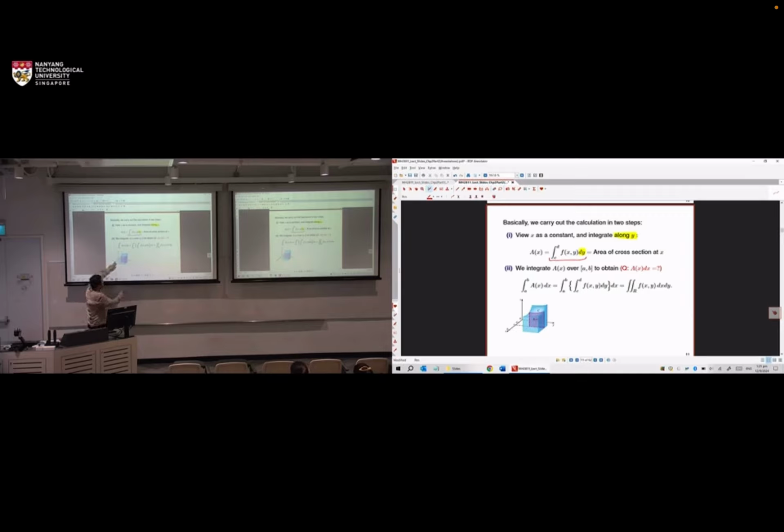Because you fix the x, it will have a corresponding height according to the f formula. Then you specify to integrate y from c to d. That's why there will be many of these.